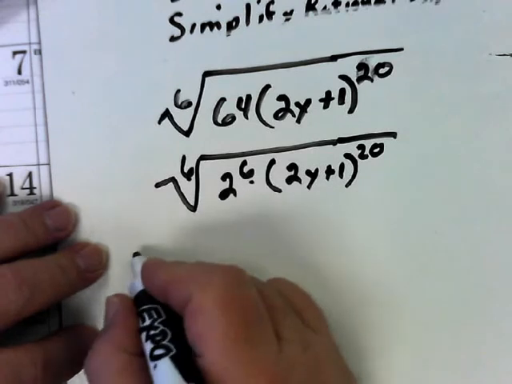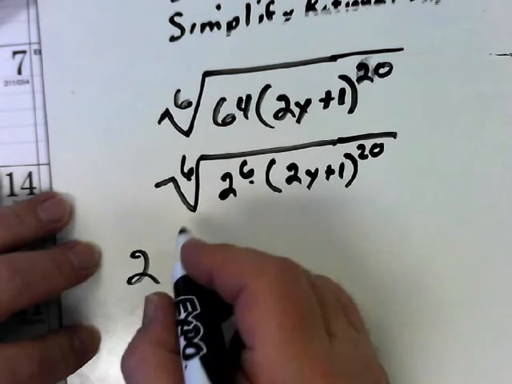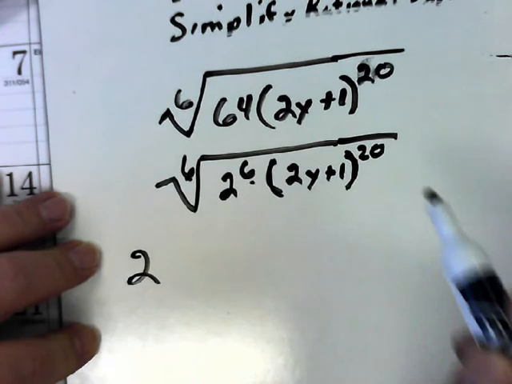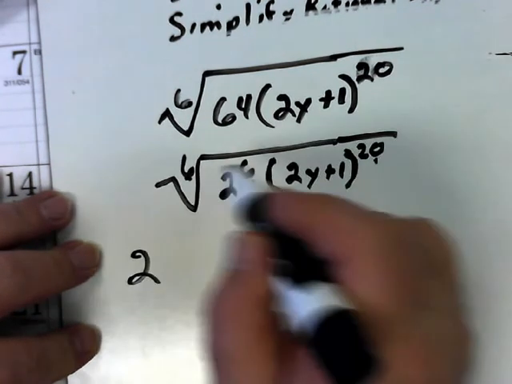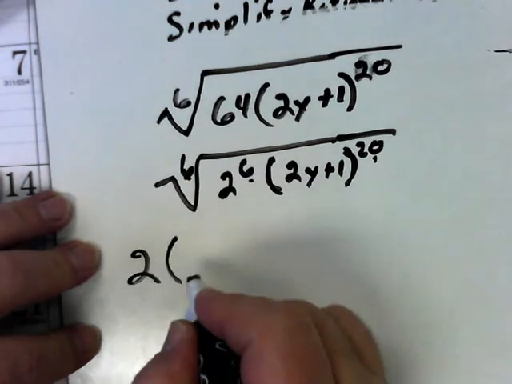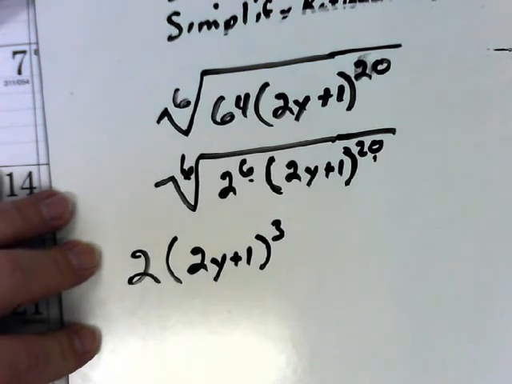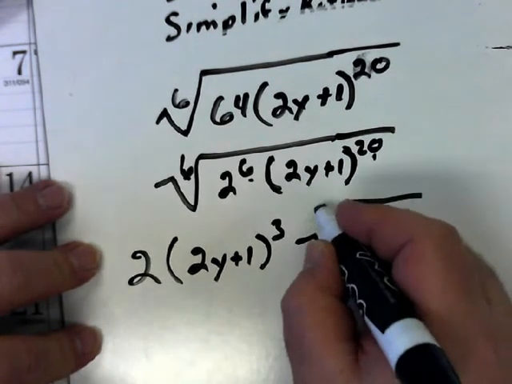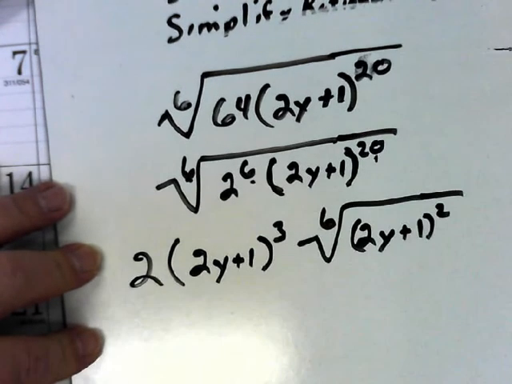So I'd have a 2 out here, wouldn't I? Right? This 6, now I'm going to take that into this whole set of parentheses, which means into this exponent. So 6 goes into 20 how many times? 3. So that means out here I'd have 2y plus 1 to the 3rd. But inside, would I have anything left over? 2y plus 1 to the 2nd power.